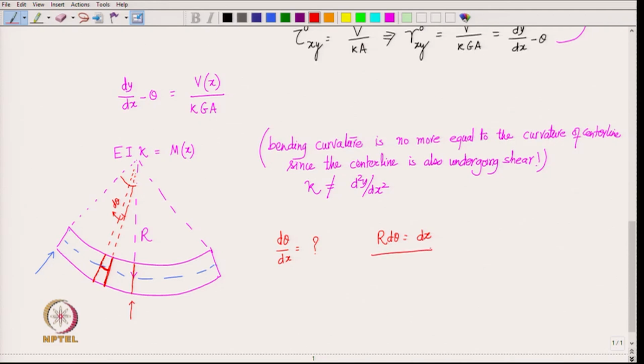So, this relationship holds, which implies that dθ by dx is actually 1 by r, and that is your bending curvature.